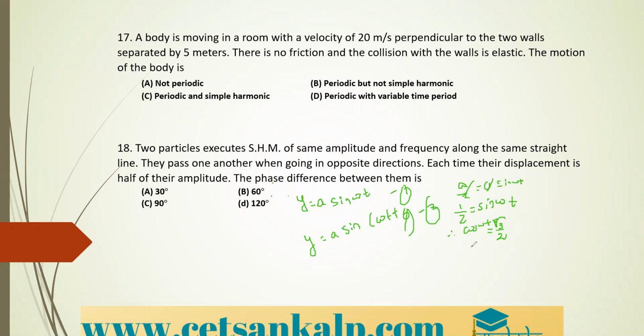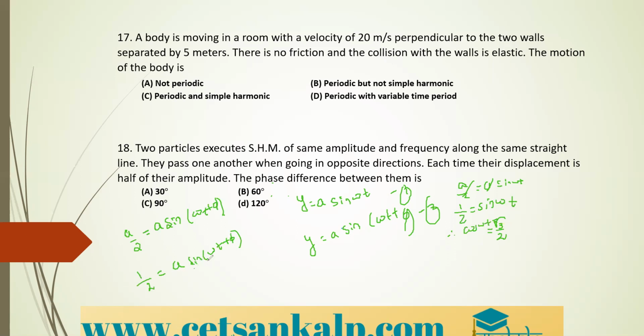In the second case, what can we write here? From equation 2, I'll write it. That is, a by 2 is equal to a sine (omega t plus pi). So here also it becomes 1 by 2 is equal to sine (omega t plus pi).